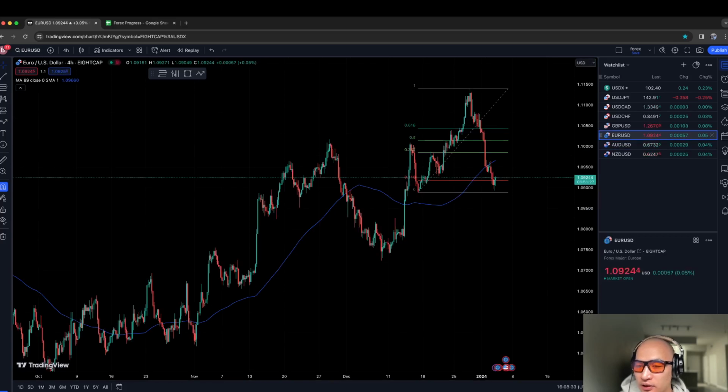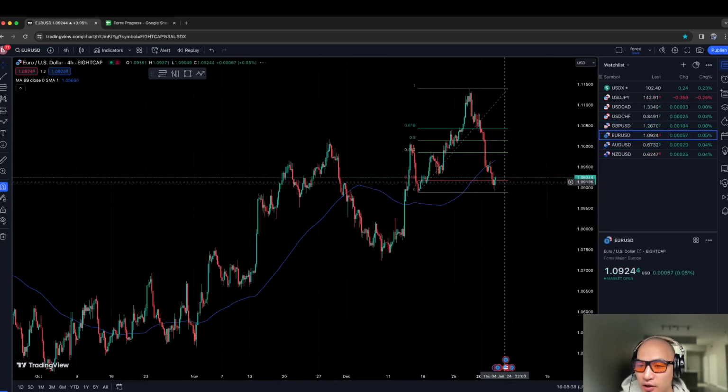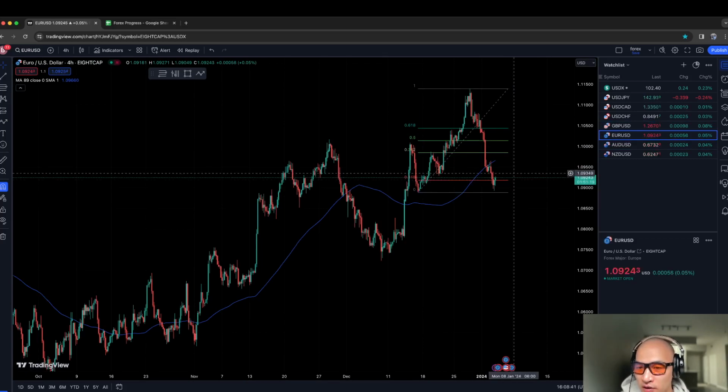But for pound USD and euro USD, they are really close to the 10 candles. They are really close to the trend reversal.